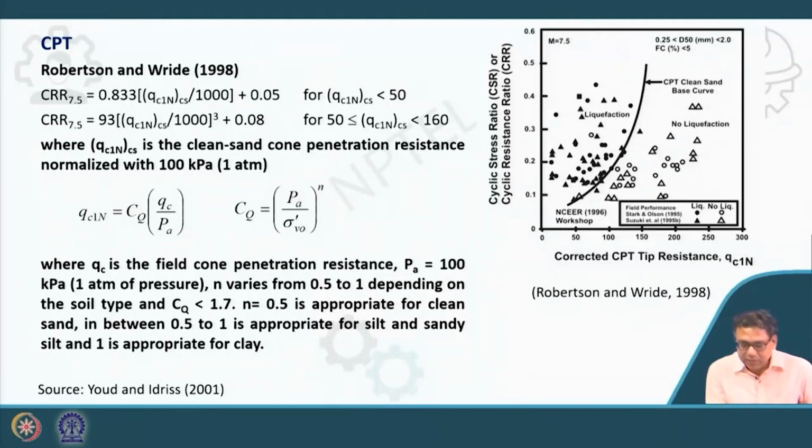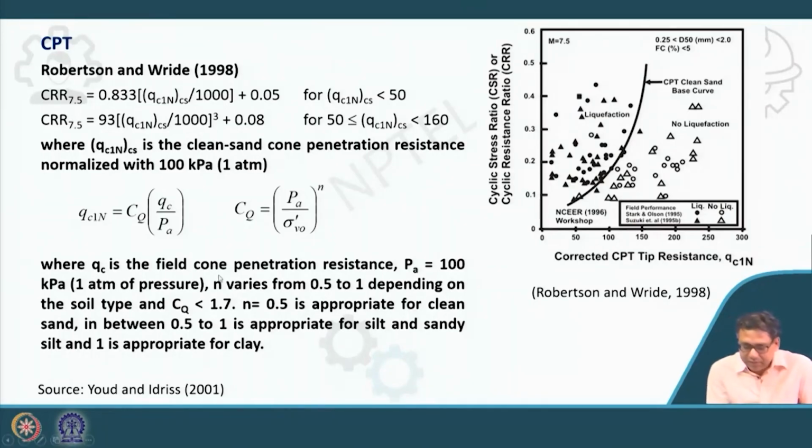How will we get the CQ? CQ is (Pa divided by sigma v dash, the effective overburden pressure) to the power n, and n varies from 0.5 to 1 depending on the type of soil, and again CQ is less than 1.7. CQ cannot be greater than 1.7. Clear?